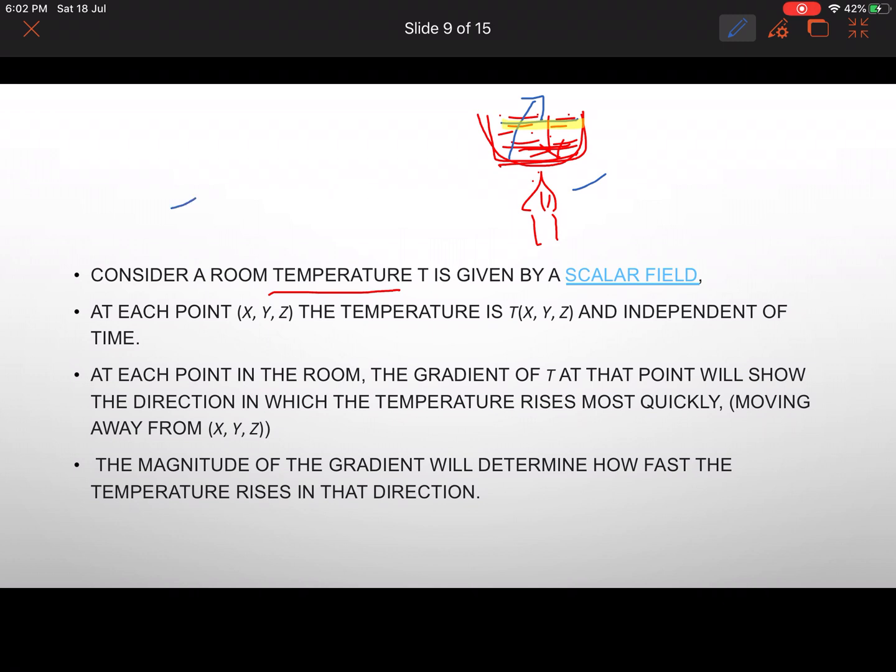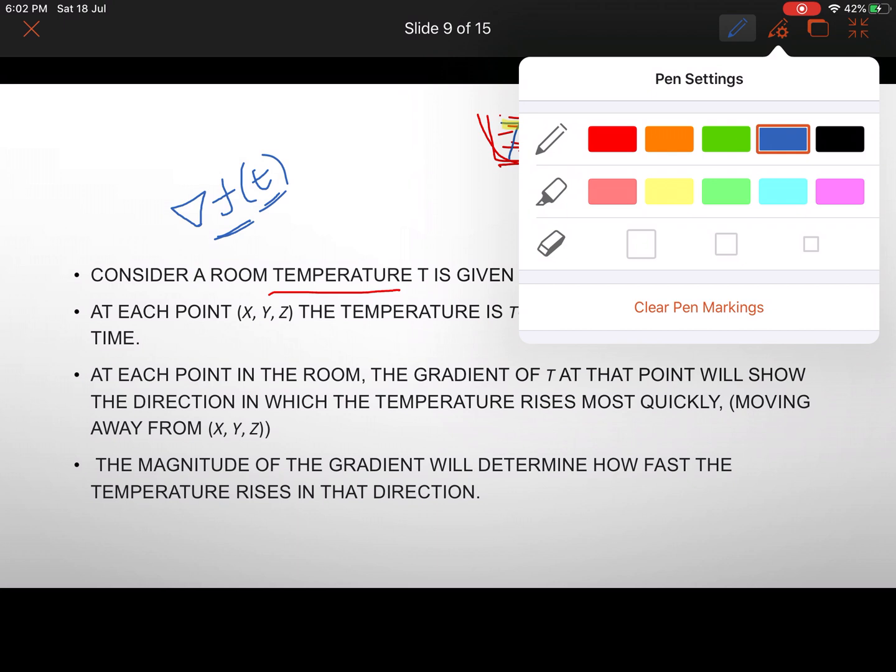So del f of T, where T is a temperature, so f is a scalar function or temperature function. I'm sorry, I wrote it wrongly.